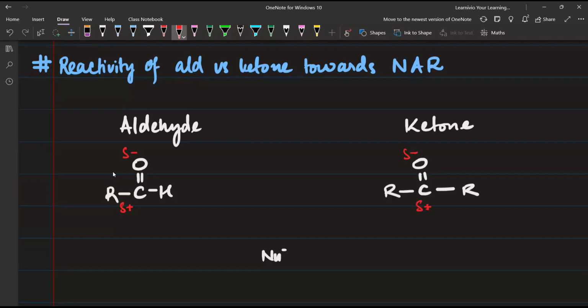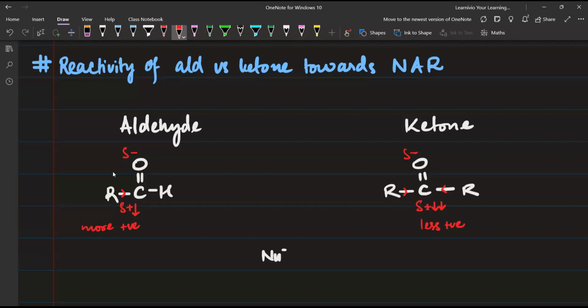Now the carbon's delta positive is somewhat decreased due to the alkyl group, which decreases the positive charge on the carbon atom. Ketone has two alkyl groups, so the decrease will be much more compared to aldehyde, because here we have two electron donating groups and here only one alkyl group. Hence, the positive charge in ketone will be much lower, less positive. This will be more positive.